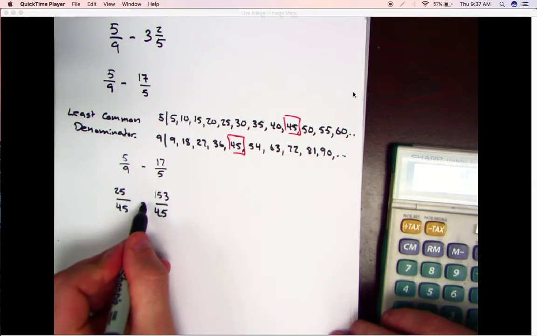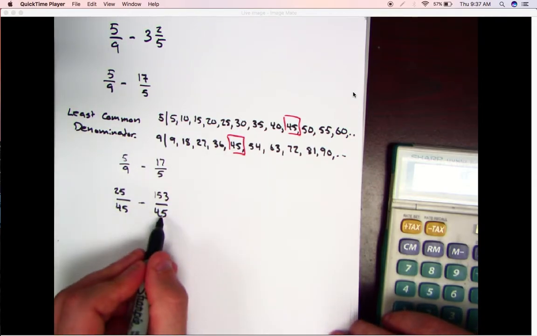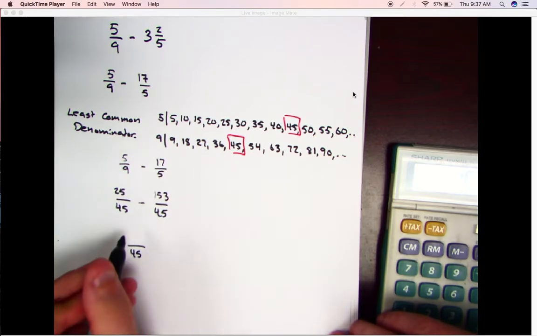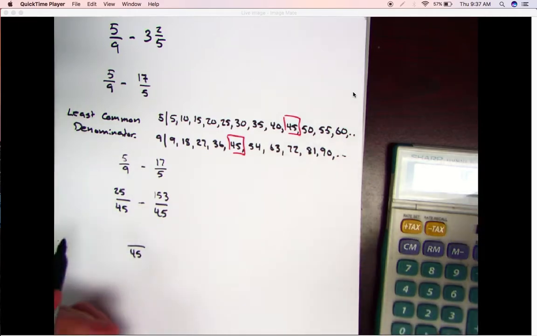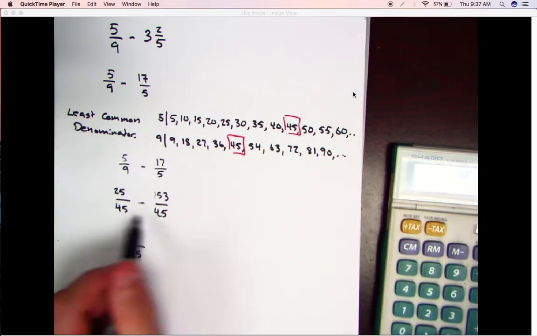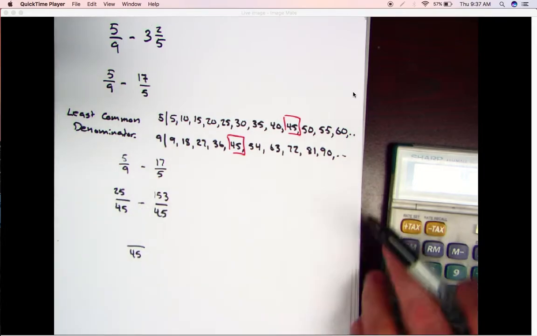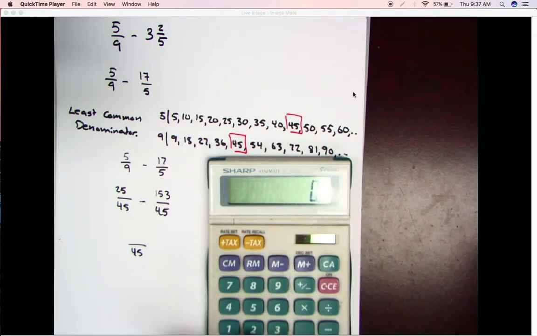Okay, so now that we have both fractions with the same denominators, we rewrite them. Both of them are going to have the same denominator, so we just have only one fraction with that same denominator. And then we take 25 minus 153. So 25 minus 153, well, that gets us 128.